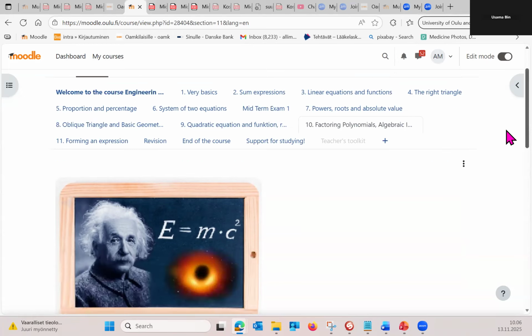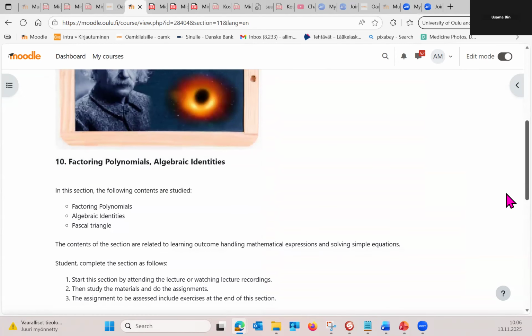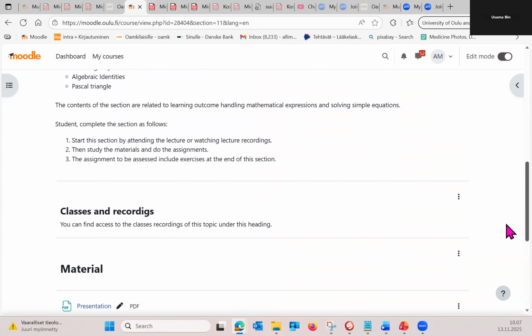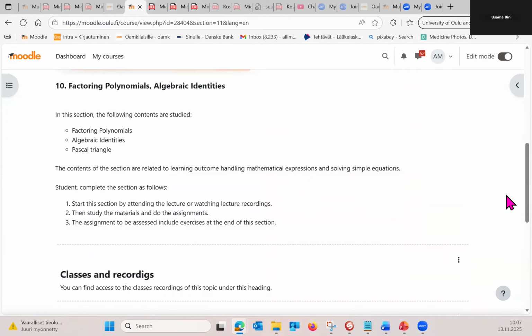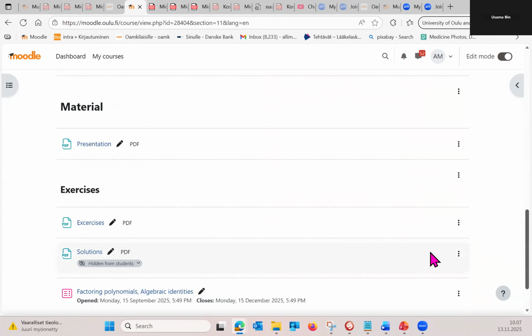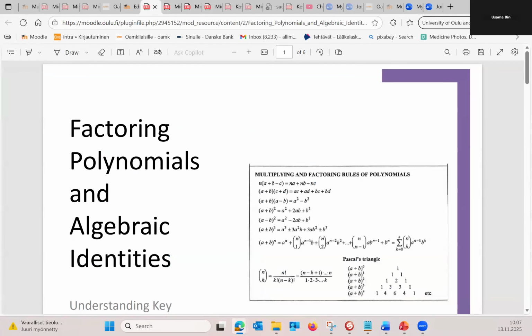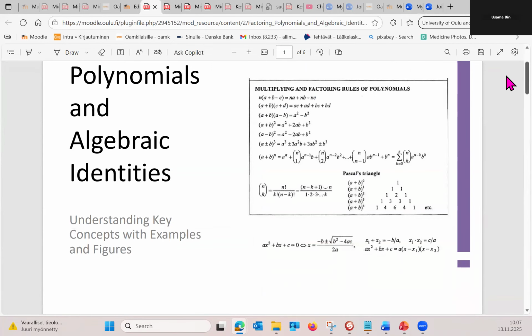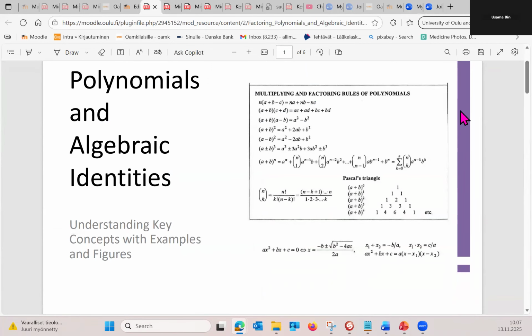So we are almost in the end, and now we have this factoring polynomials, algebraic identities. Wow, I managed to pronounce it. I already showed you this. What we can find from the equation book, technical formulas.